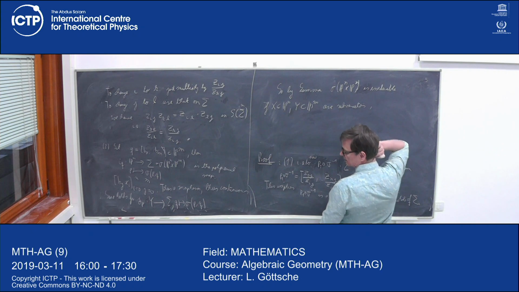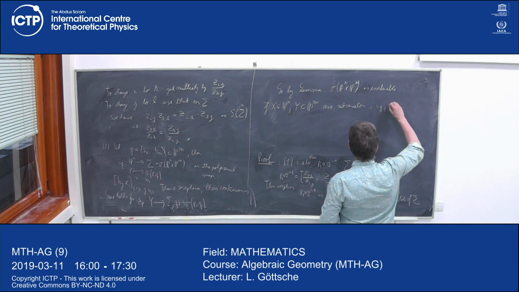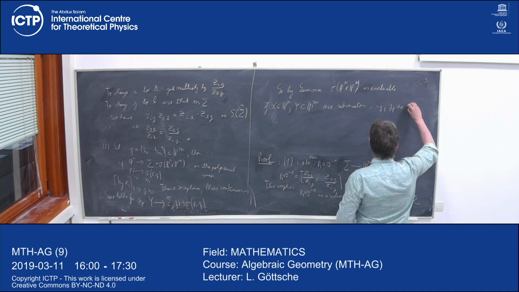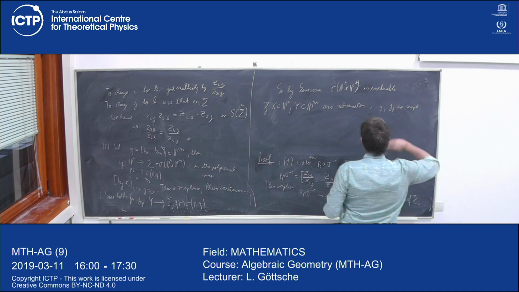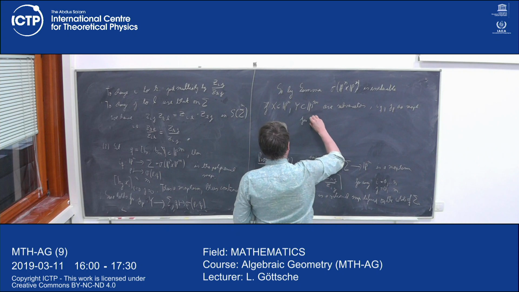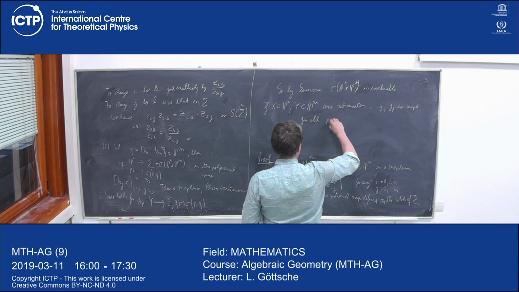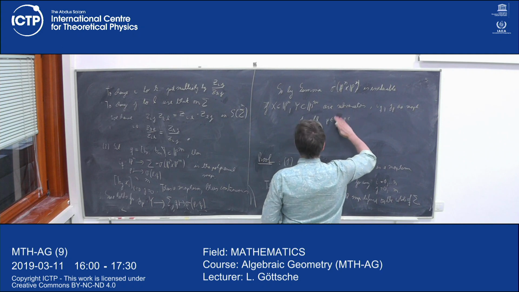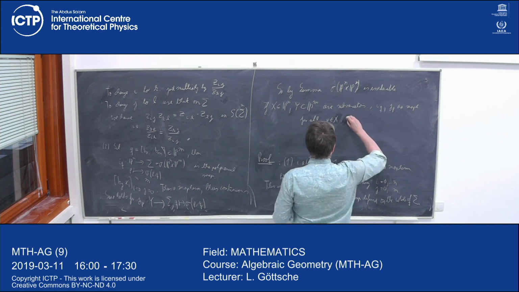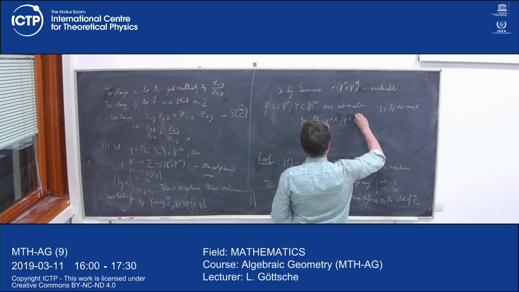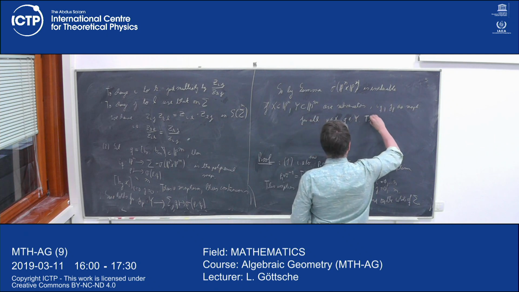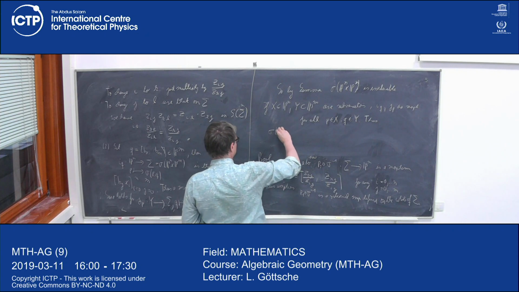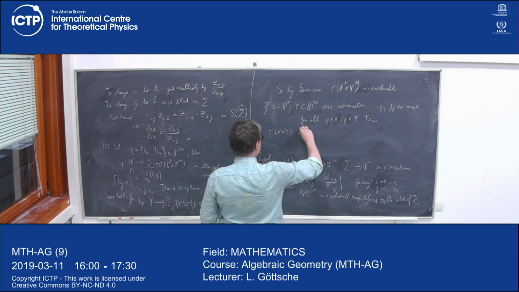I could have done this immediately, so iq and jp are morphisms for all p in X, q in Y, thus by the same argument sigma of X times Y is irreducible.